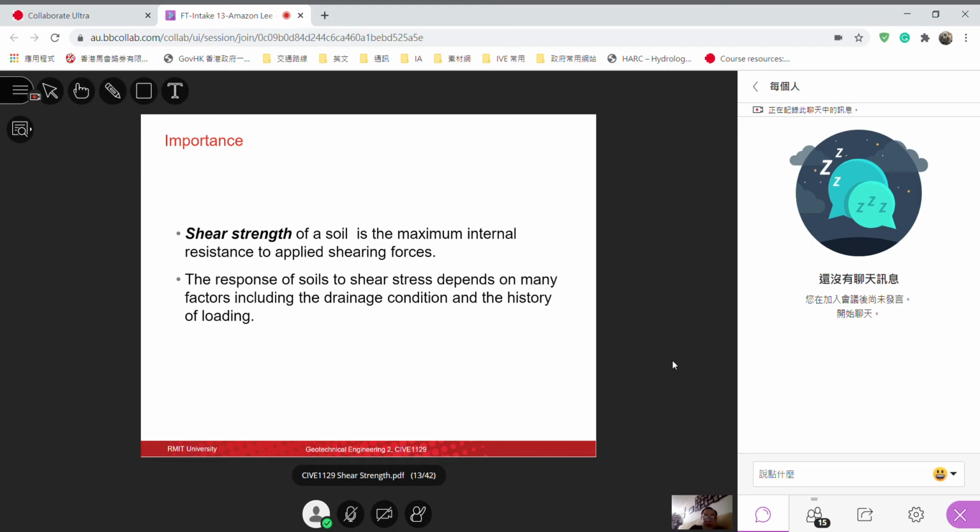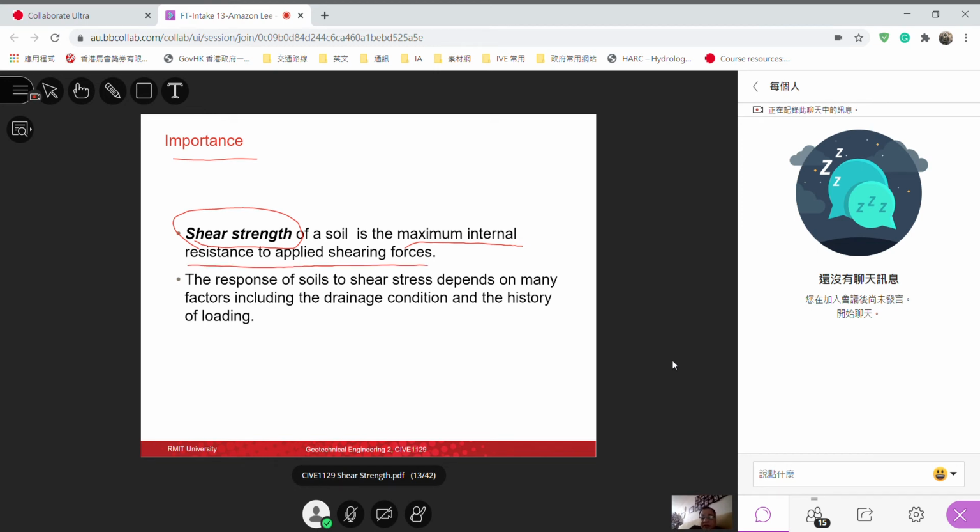Just to define some important concepts. As I mentioned before, soil strength comes from shear strength. Shear strength, in definition, is the maximum internal resistance to the applied shear force.